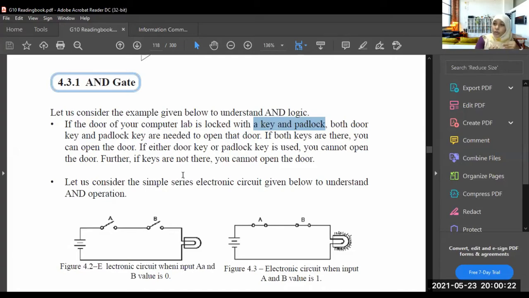I compare it with the conjunction AND. In the English subject, if you go to the English lesson, there is a conjunction, right? AND conjunction. What is the meaning of AND?